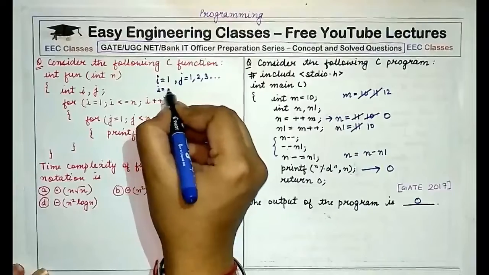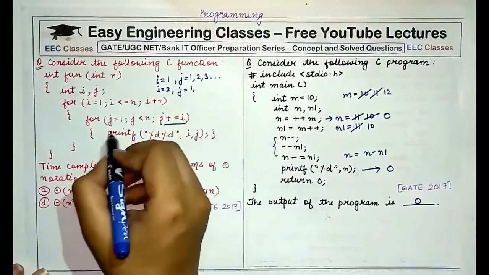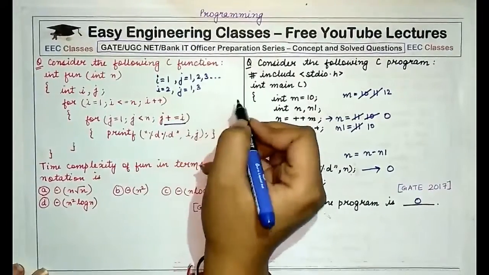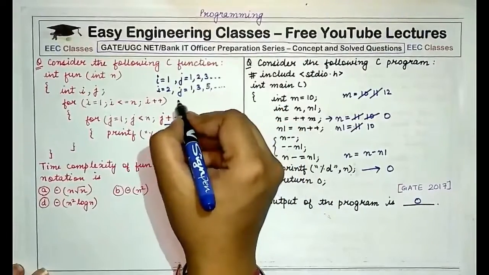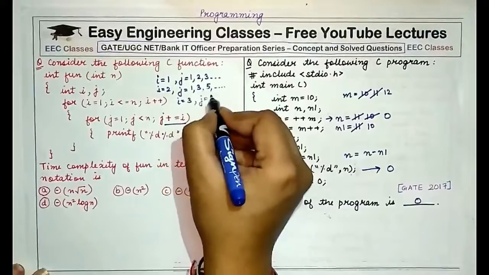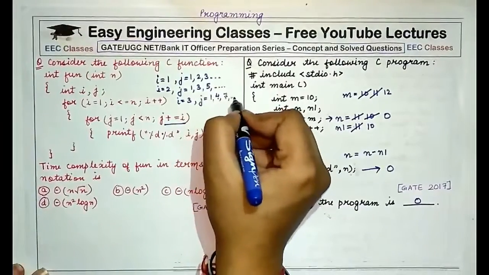When i is equal to 2, the values of j would start from 1, then 3, because the increment would be j plus equal to 2, then 5, then 7 and so on. And similarly i equal to 3 would make j go from 1, 4, 7 and so on.